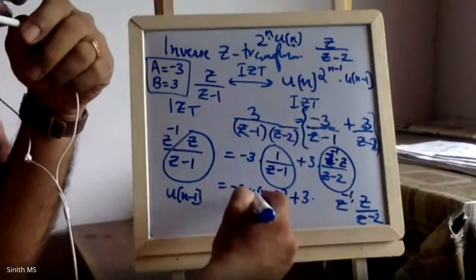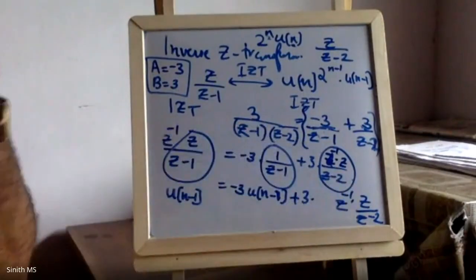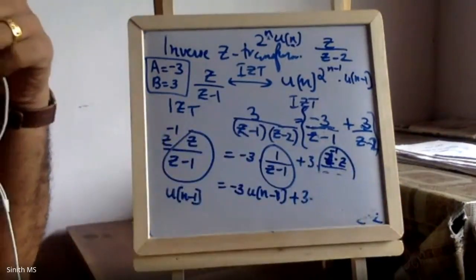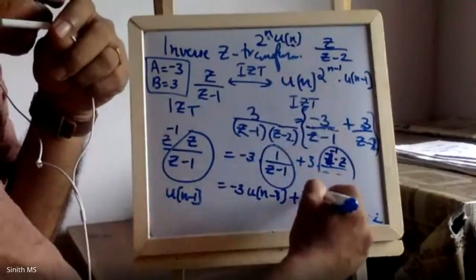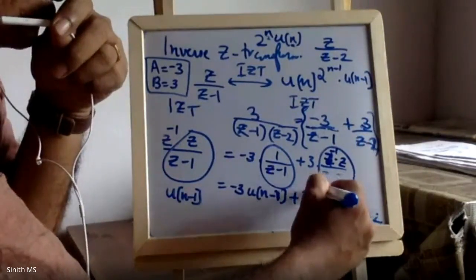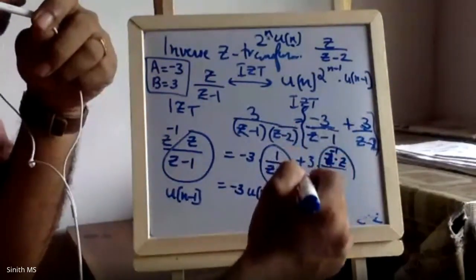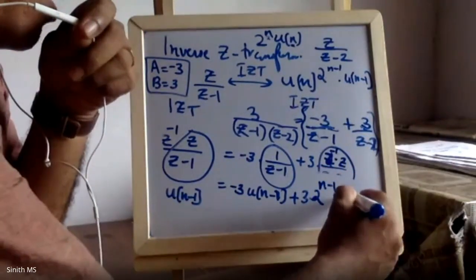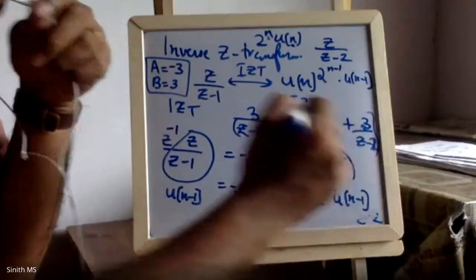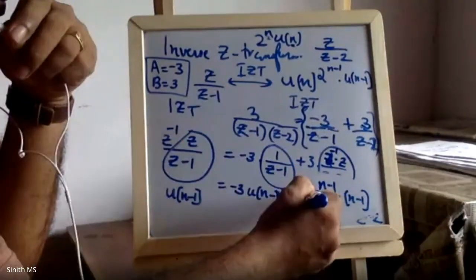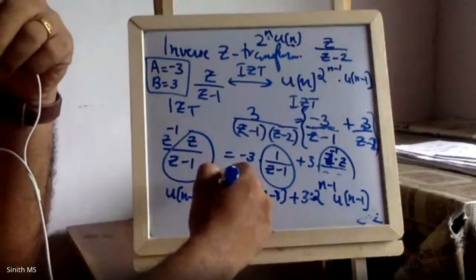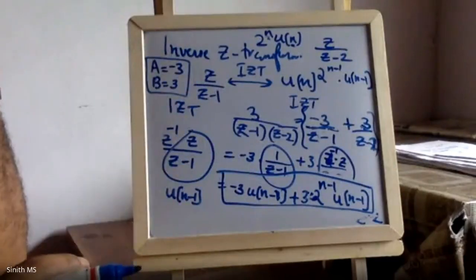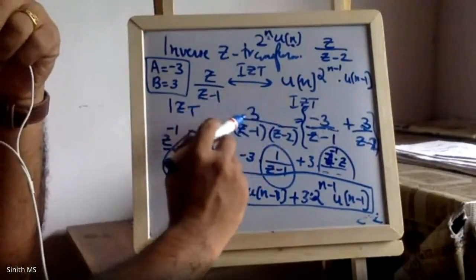So coming back, this becomes 3 into 1 by z minus 2. This has an inverse transform 2 raised to n minus 1 u n minus 1. So this is basically the inverse transform of the signal.